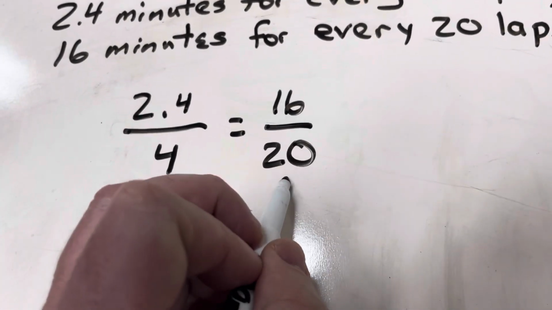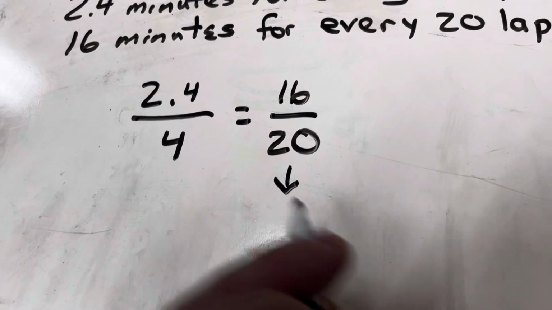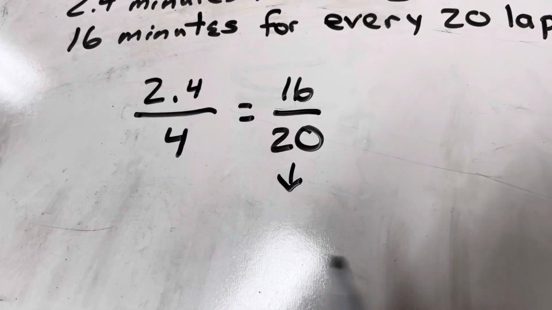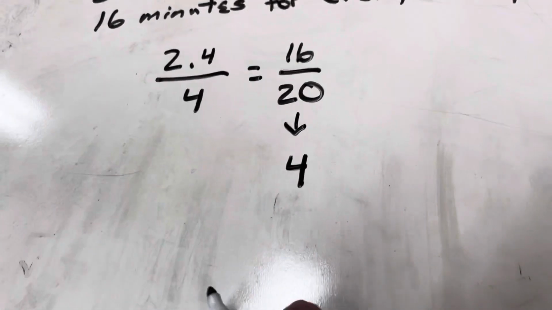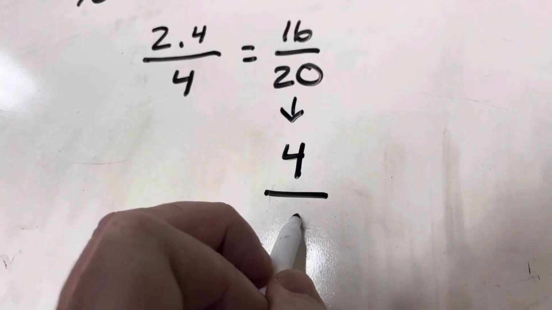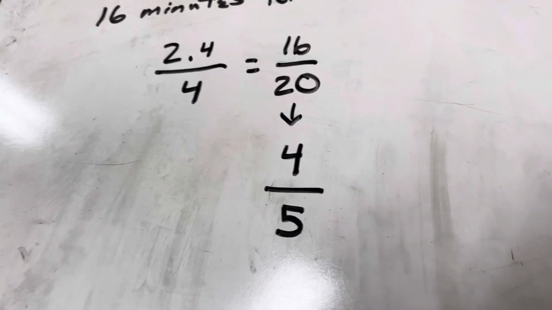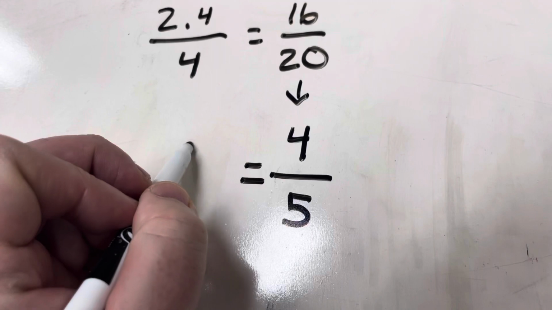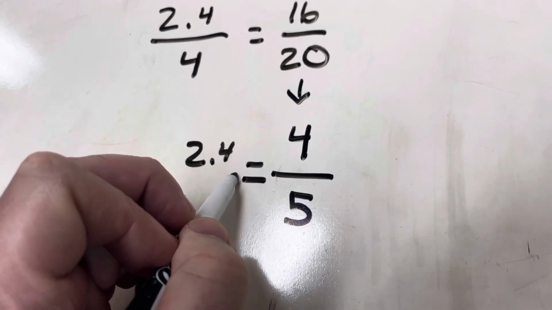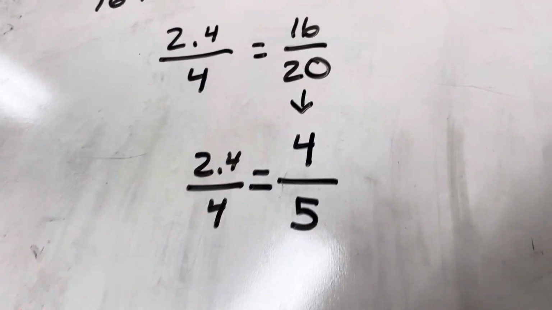First thing we're going to do here is simplify this fraction. 16 and 20 can both be divided by 4. 16 divided by 4 is 4. 20 divided by 4 is 5. Okay? Then I want to say, is that equivalent to 2.4 over 4?